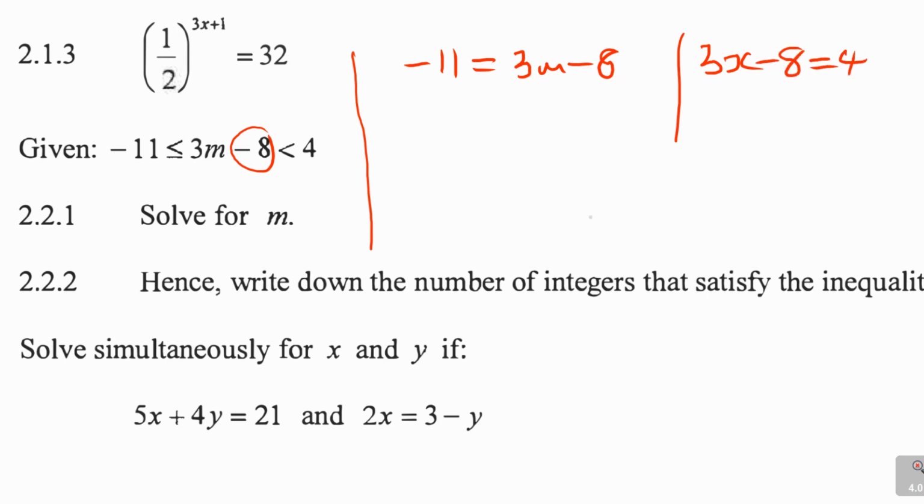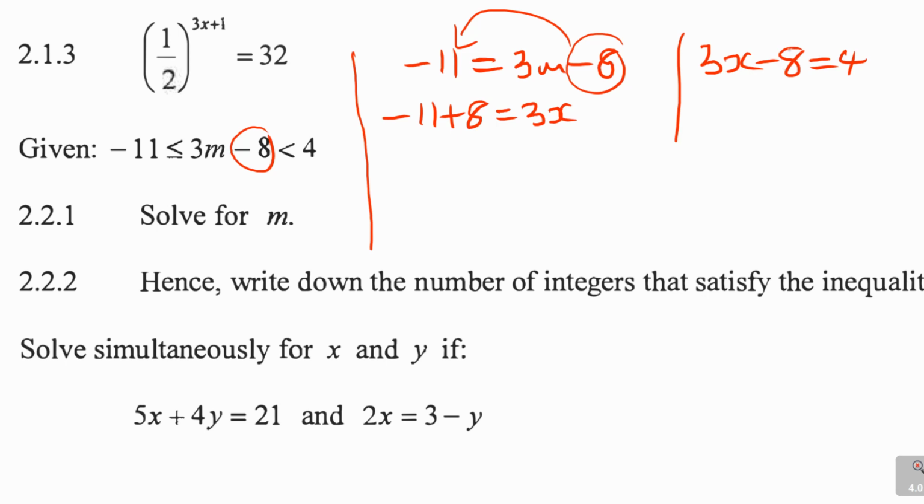That's what I'm actually having. Whereby if I was solving the equation here, minus 8 will go this direction to be minus 11 plus 8. Remember, negative cross the sign becomes positive, is equal to 3m.